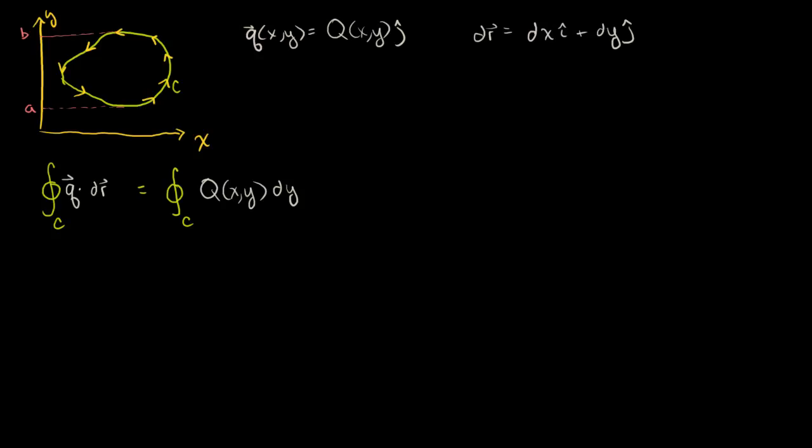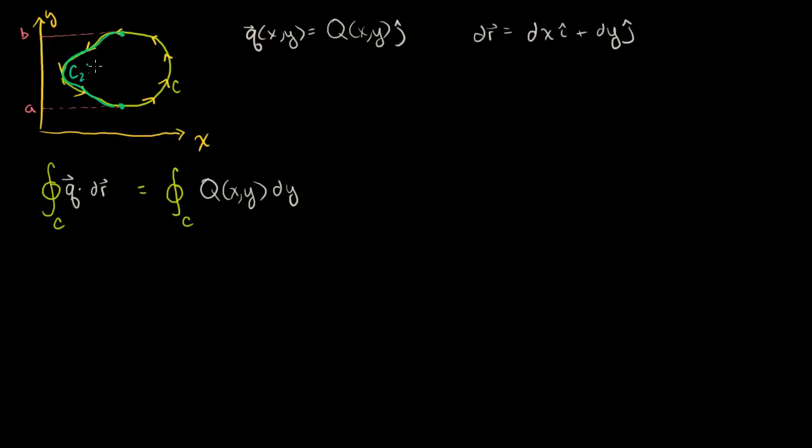So if we break this path into two paths, those are kind of our extreme points. Let's call this path right here, and that path right there. So along this path, x is equal to, I'll call it C2.